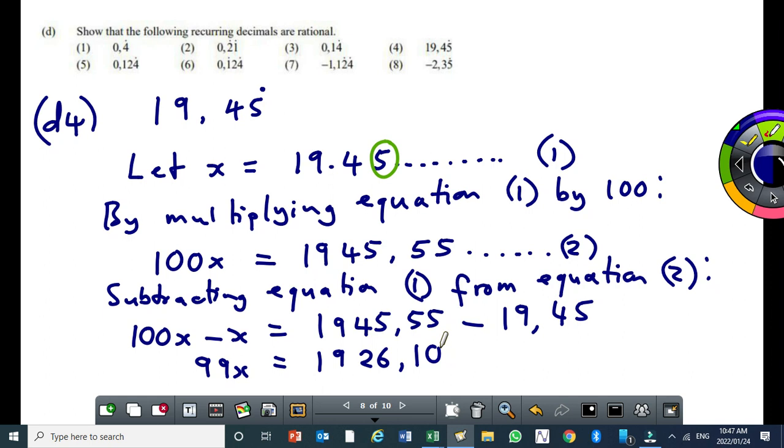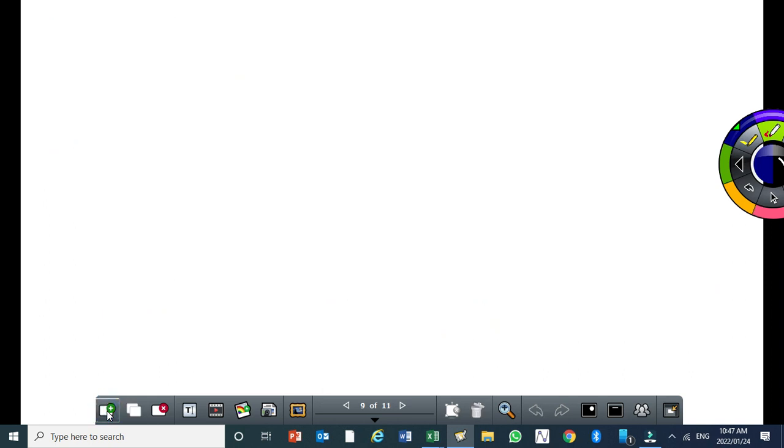The question says, show that the following recurring decimals are rational. Rational numbers are also called fractions. So here we need to write those recurring decimals as common fractions, that is in the form a over b, where a is an integer, b is also an integer. Are you following? Right, so next page now, we convert that.